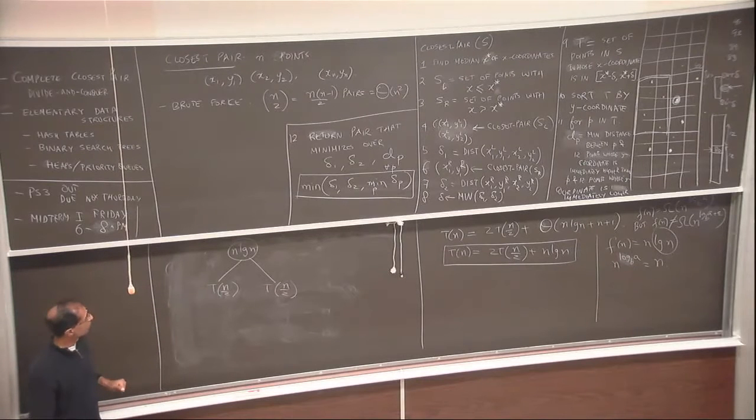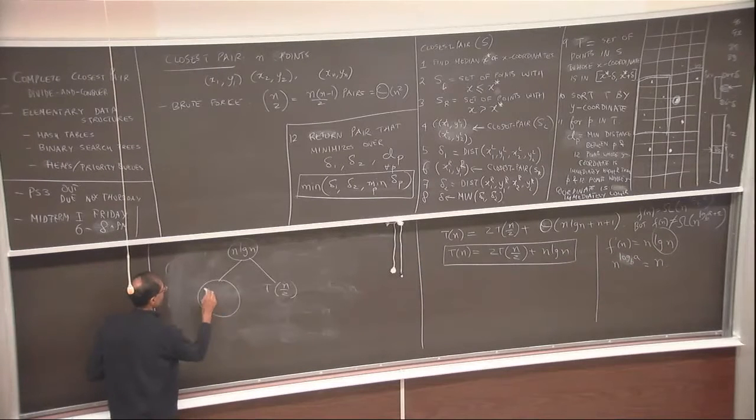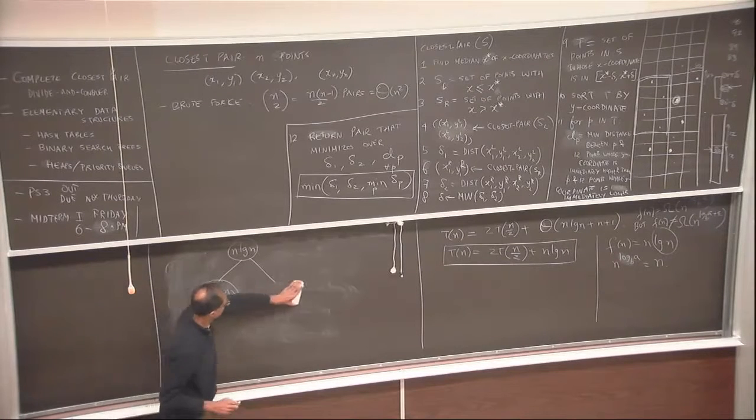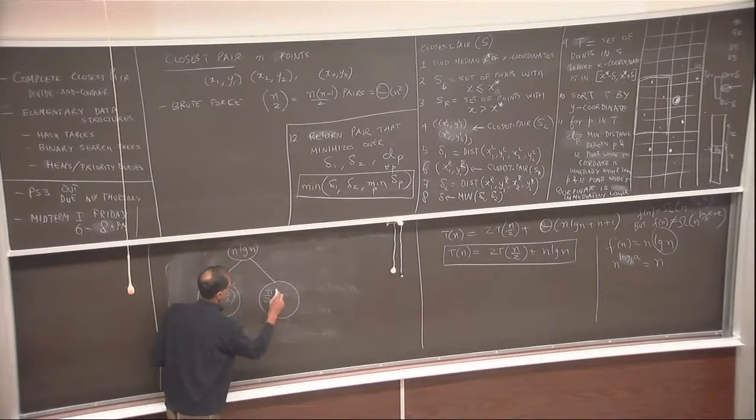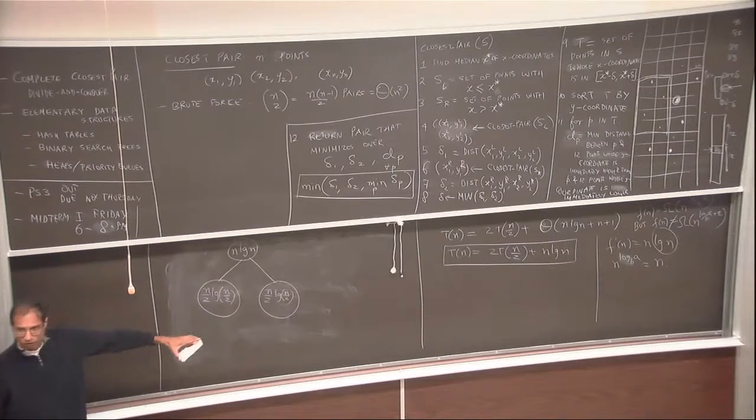What do we write for T of n over 2? n by 2 log of n by 2. And here n by 2 log of n by 2. And then T of n over 4, T of n over 4, T of n over 4.